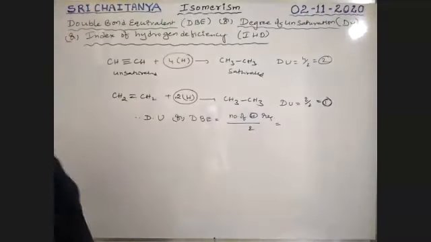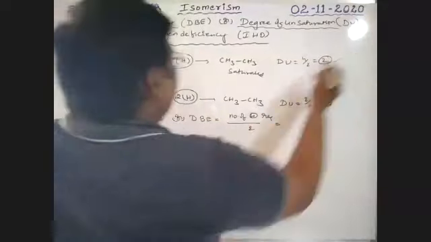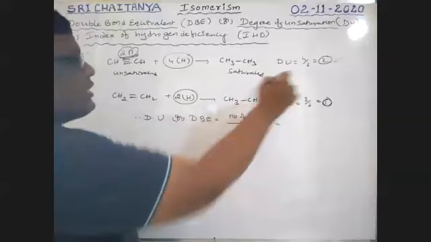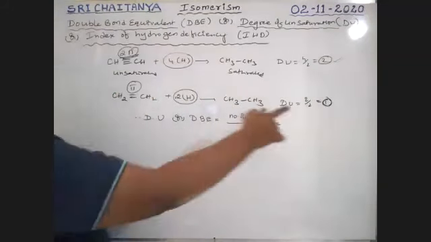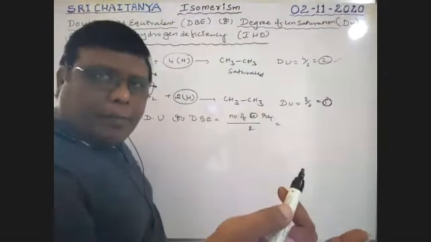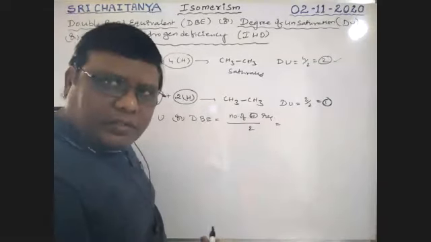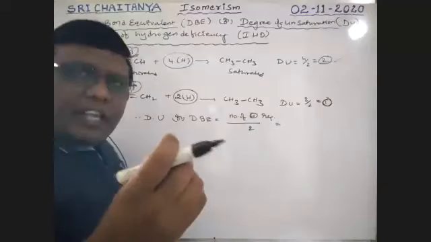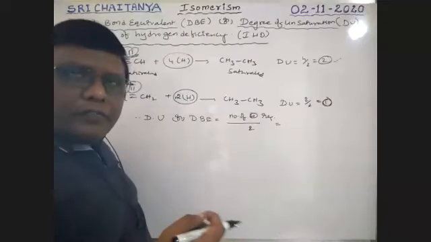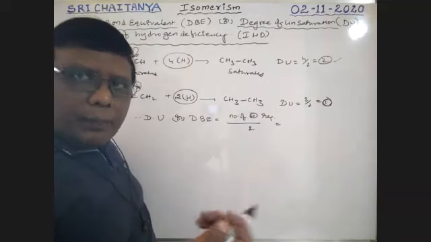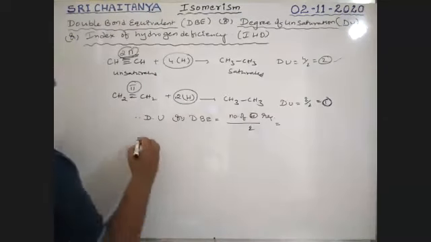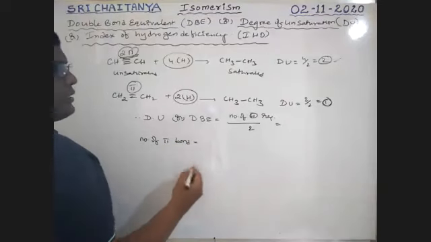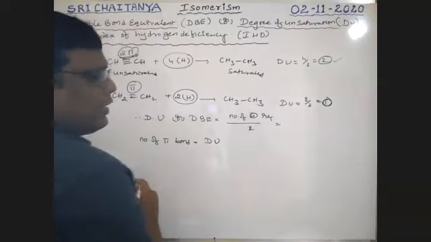That means, see, boys, degree of unsaturation equal to 2 means it contains 2 pi bonds. 2 pi bonds is equal to 2 degrees of unsaturation. 1 pi bond is equal to 1 degree of unsaturation. Therefore, number of pi bonds is equal to degree of unsaturation. Am I correct? So degree of unsaturation is calculated with the help of the number of pi bonds.